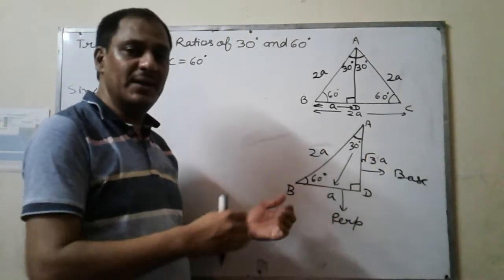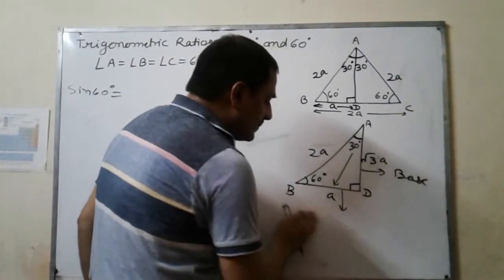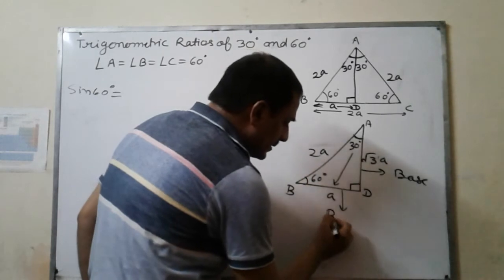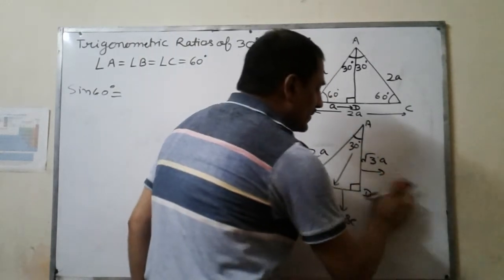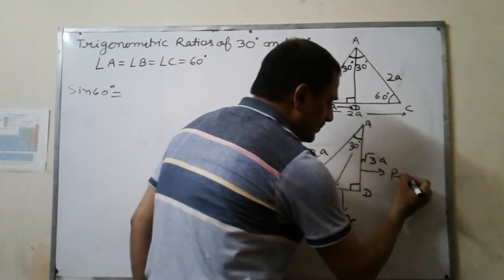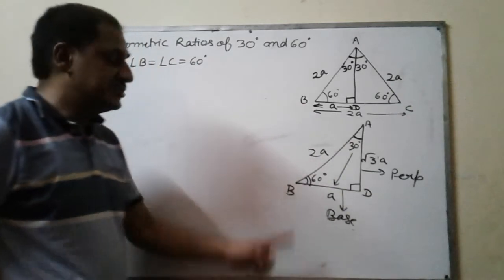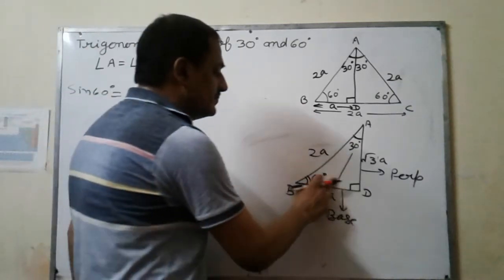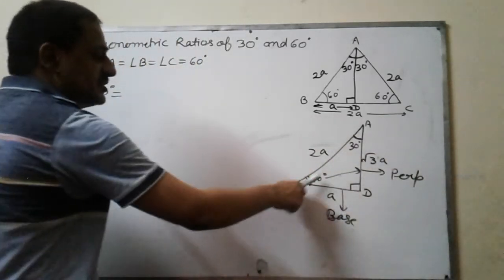Now the base will be side BD and perpendicular will be side AD. This is the perpendicular with respect to the 60 degree angle, the opposite side of 60 degree.